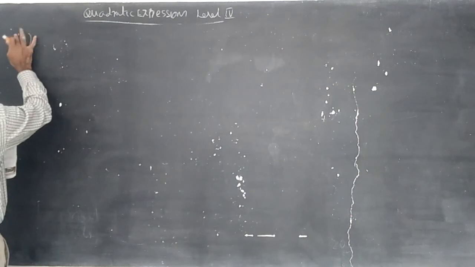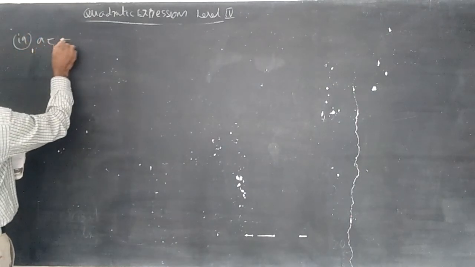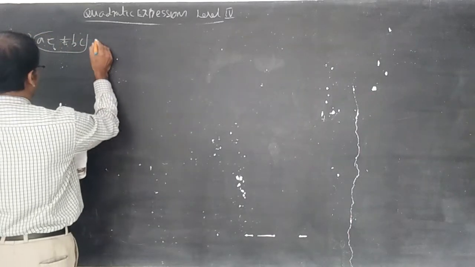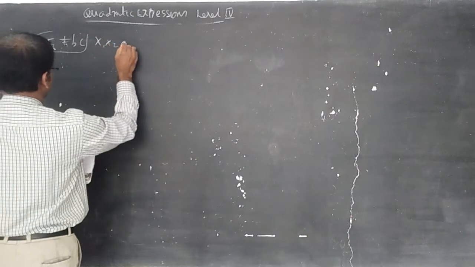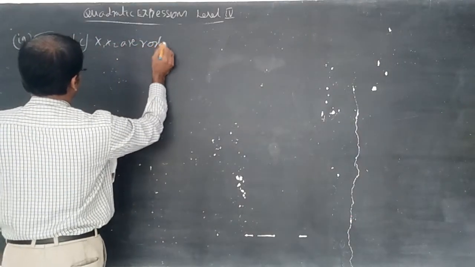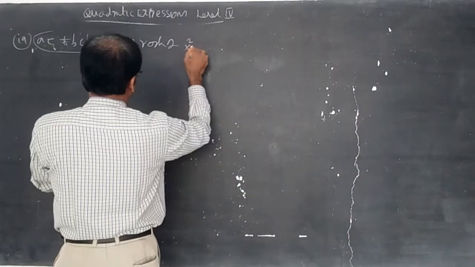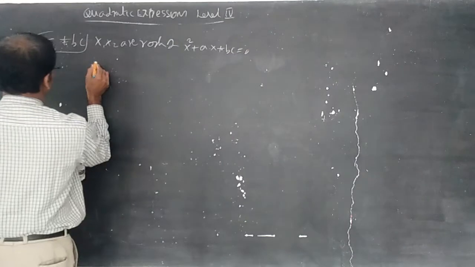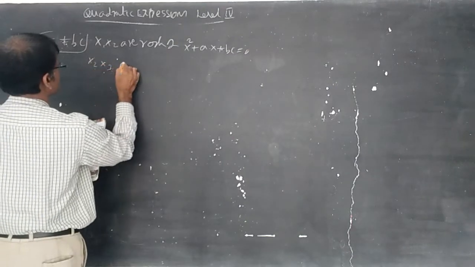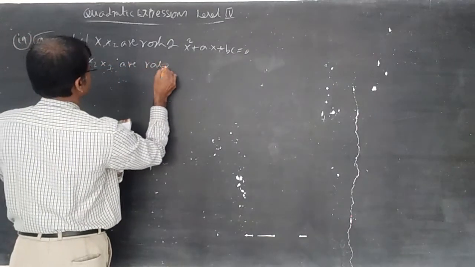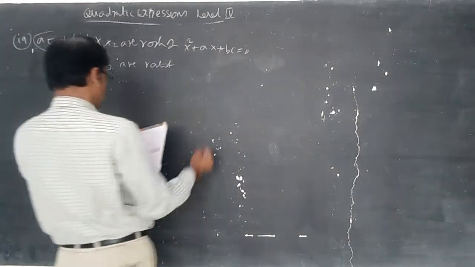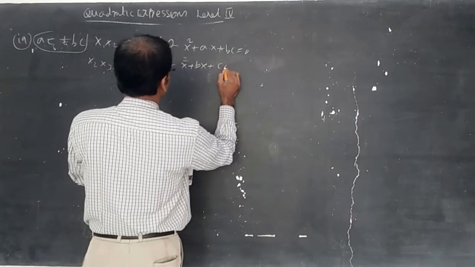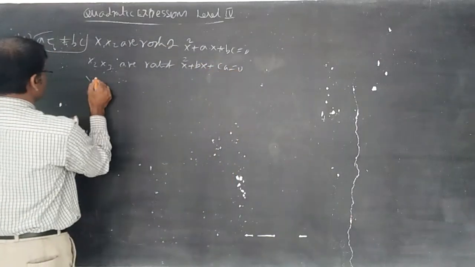Statement 1: if AC is not equal to BC, x1, x2 are roots of x² plus ax plus bc equal to 0. Next, x2, x3 are roots of x² plus bx plus ca equal to 0.